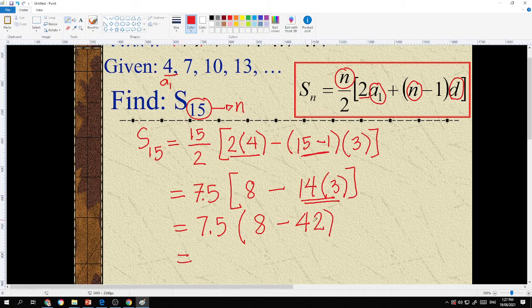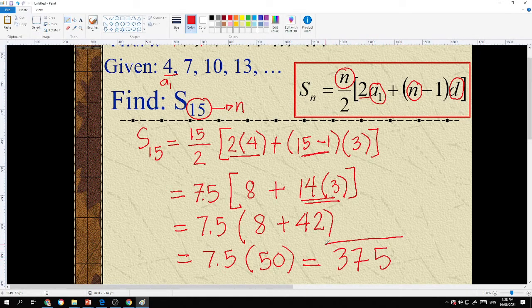So what is now 8 minus 42? Ah, plus man diay ni, sorry for that. That's 8 plus 42. What is 8 plus 42? 8 plus 42 is 50. Okay. What is 50 times 7.5? 375. Mao ni answer nato sa atong question number 1. Okay? Using the second formula rather.